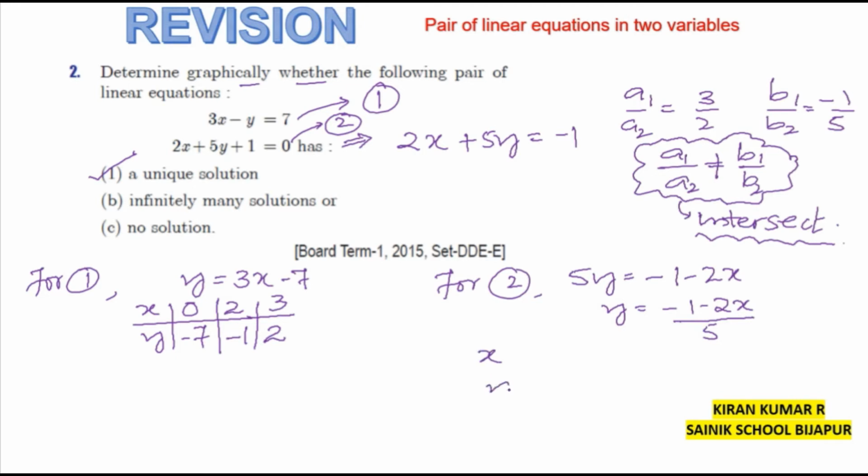Let me take some value of x such that the value of y becomes an integer. If I take it as 2, it will be minus 5 upon 5, which becomes minus 1. If I take the value of x as negative 3, it becomes 6 minus 1, 5 upon 5, we get positive 1.